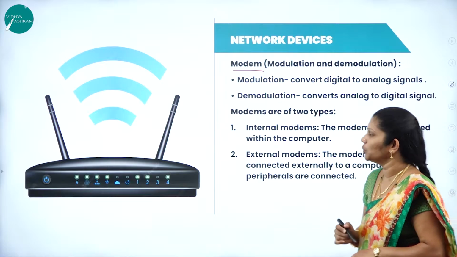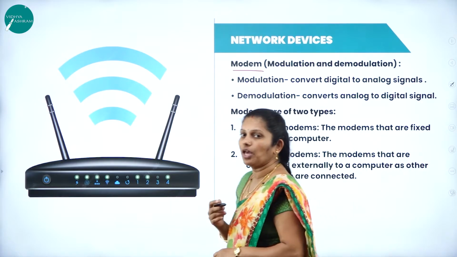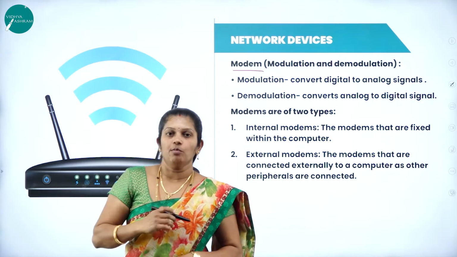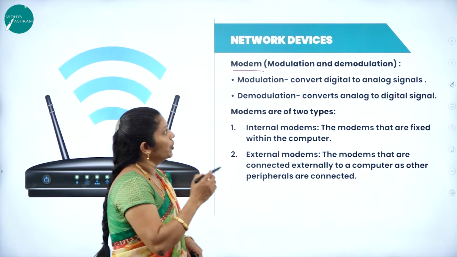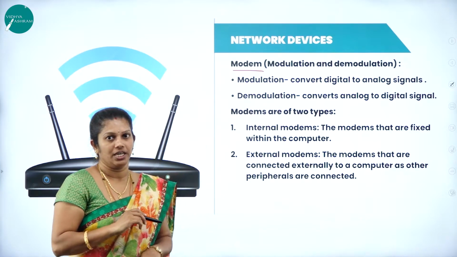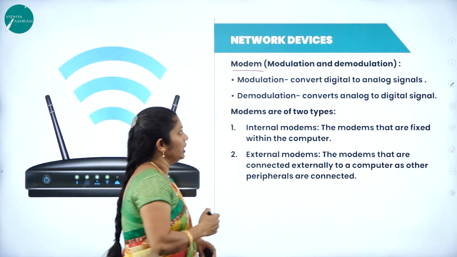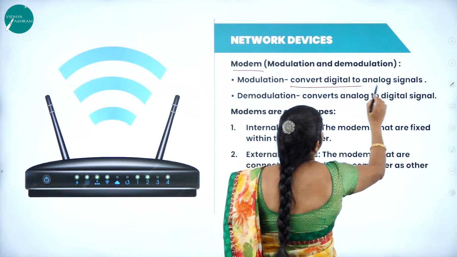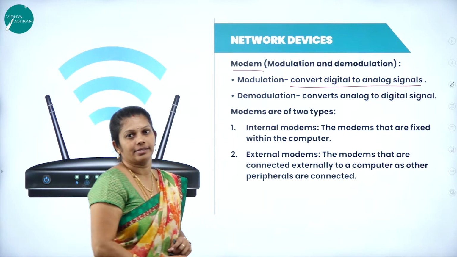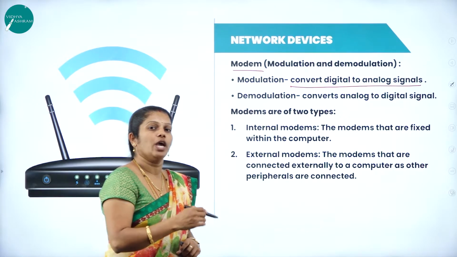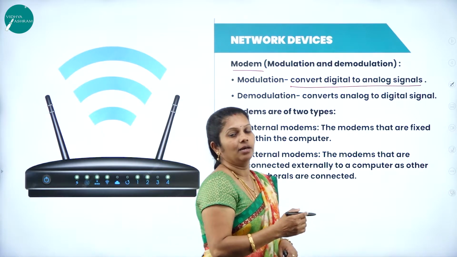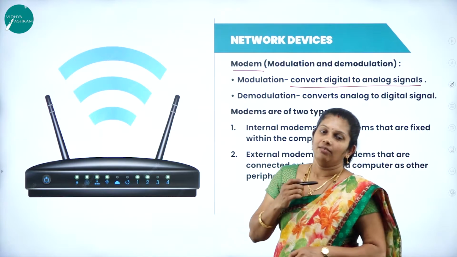Next, we will move on to the modem. This is also one of the network devices. For which purpose are we using a modem? The expansion of modem is modulation and demodulation. What do you mean by modulation? It converts digital to analog signals. Especially, we use this to get the internet with the help of a landline.